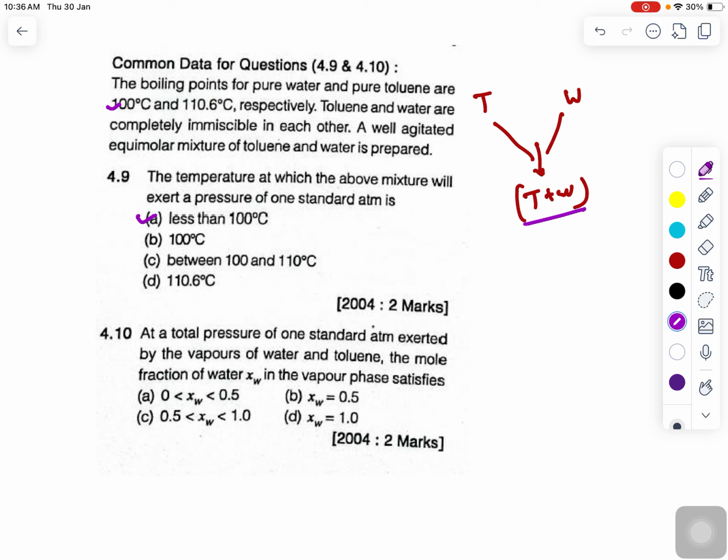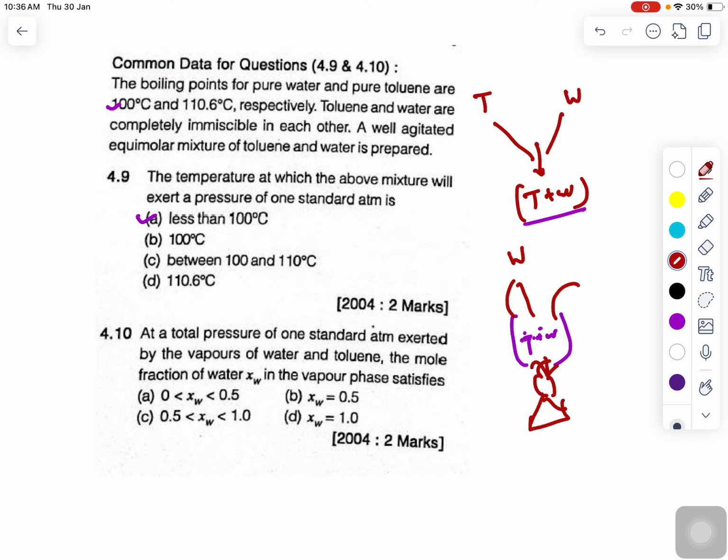Just try to understand one thing here. As water has a lower boiling point, that is 100, than toluene at 1 atm pressure, the vapor phase will always be richer in water, right? Because if I boil this toluene plus water mixture, water will start boiling first because its boiling point is less.